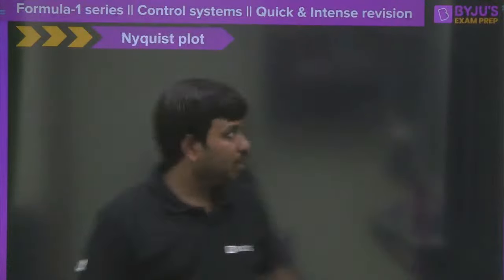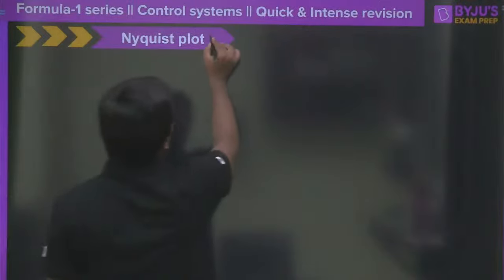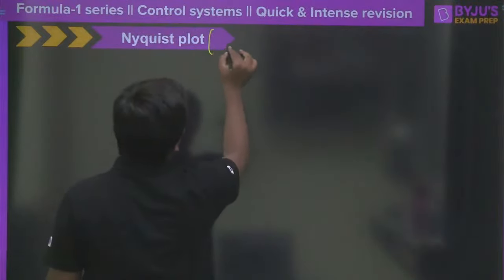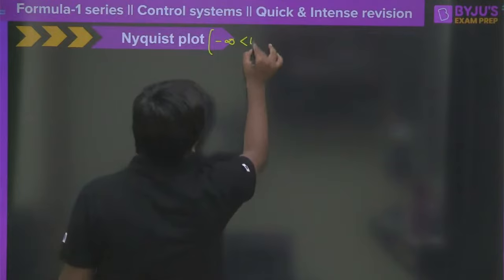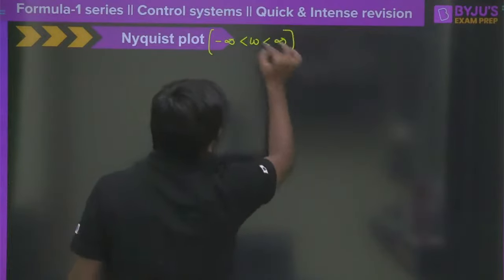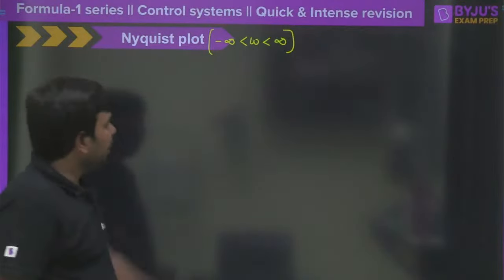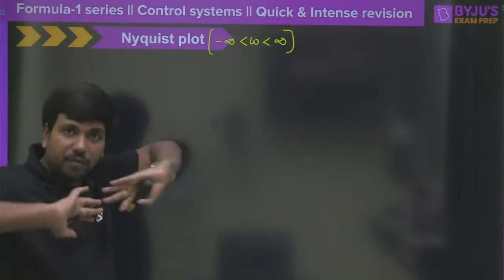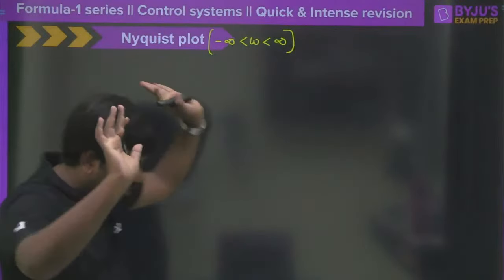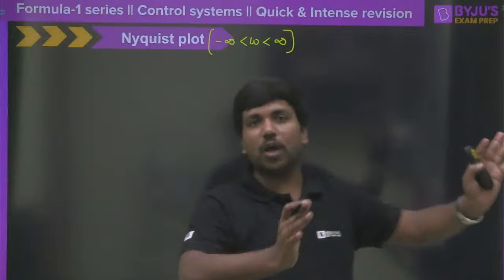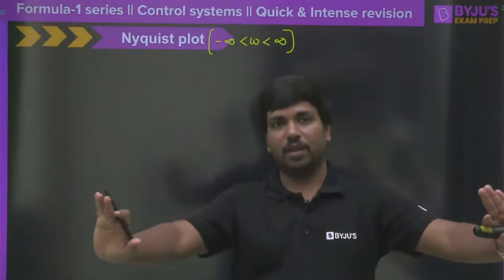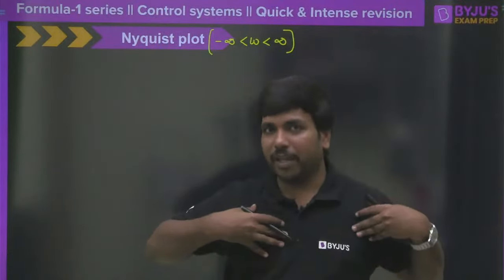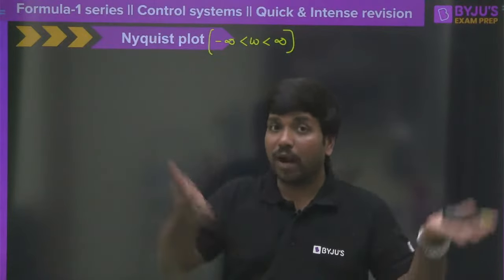But trust me, what if mathematically we have something to cover from omega equal to minus infinity to infinity? If the frequency changes from minus infinity to infinity, how will the phase and magnitude of the system change? It doesn't matter whether I really apply the negative frequency or not, but what if?